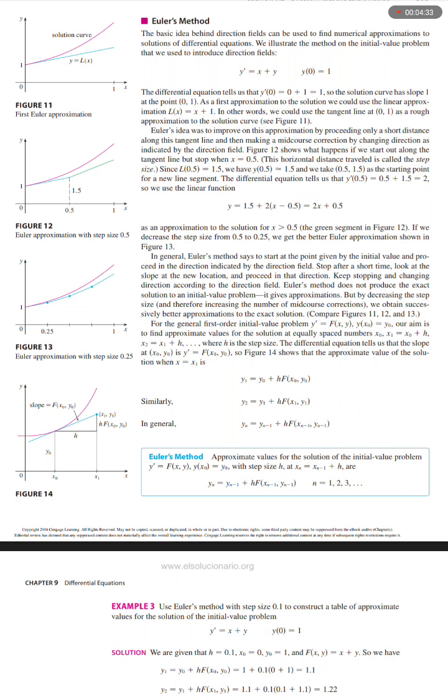For the general first-order initial value problem, y' = F(x, y) and y(x₀) = y₀, our aim is to find approximate values for the solution at equally spaced numbers x₀, x₁ = x₀ + h, x₂ = x₁ + h, where h is the step size.